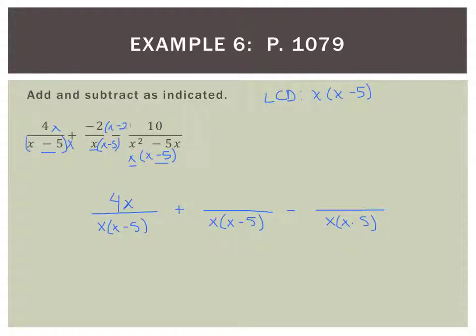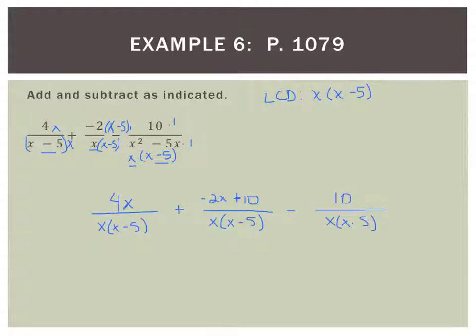Multiply the negative 2 by x minus 5. So that's going to be negative 2x plus 10. And then the last one is already x times x minus 5, so I'm just multiplying by 1, which doesn't change anything.